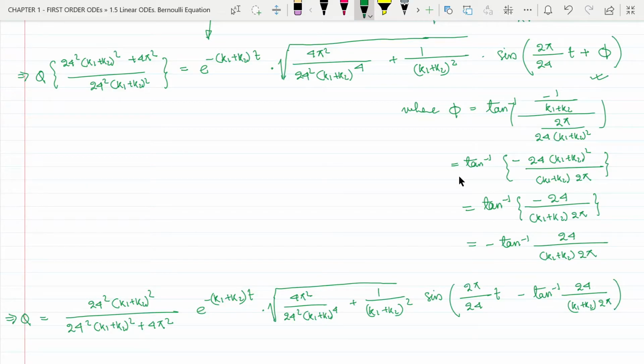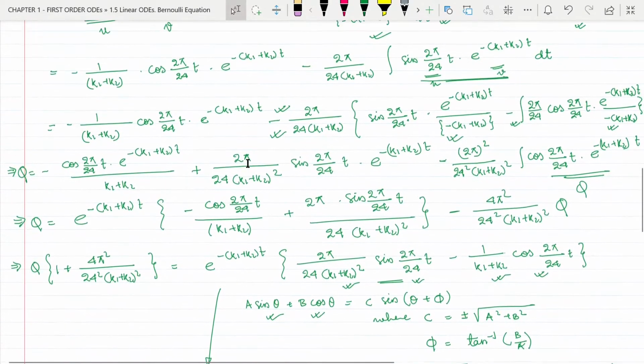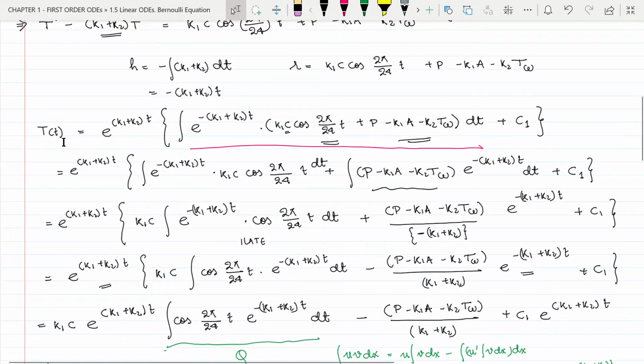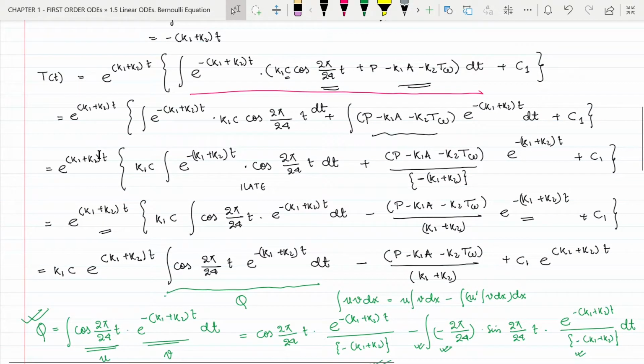This is the value of q, and this q we can replace in here to get the value of t, that is the solution. So let us do that.